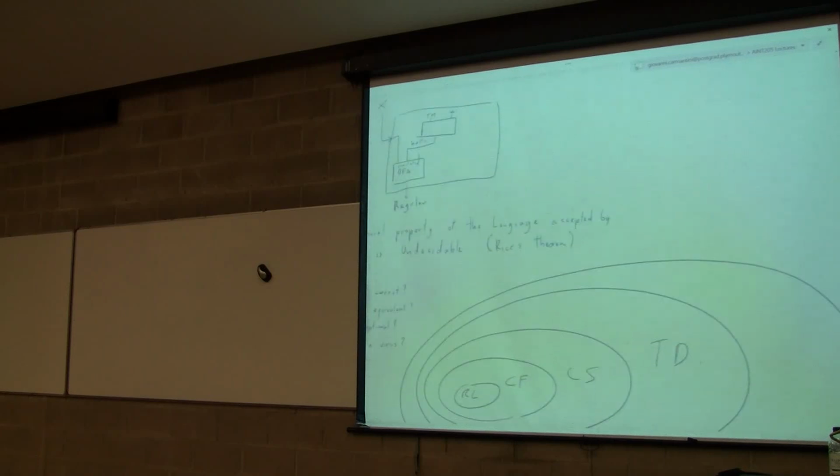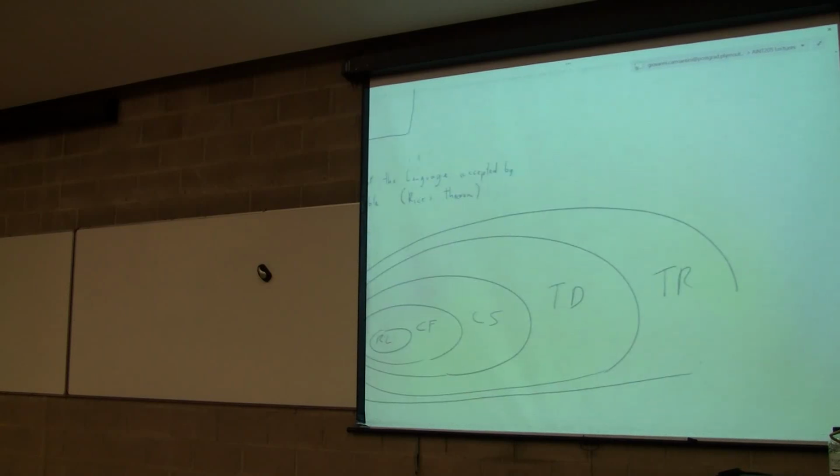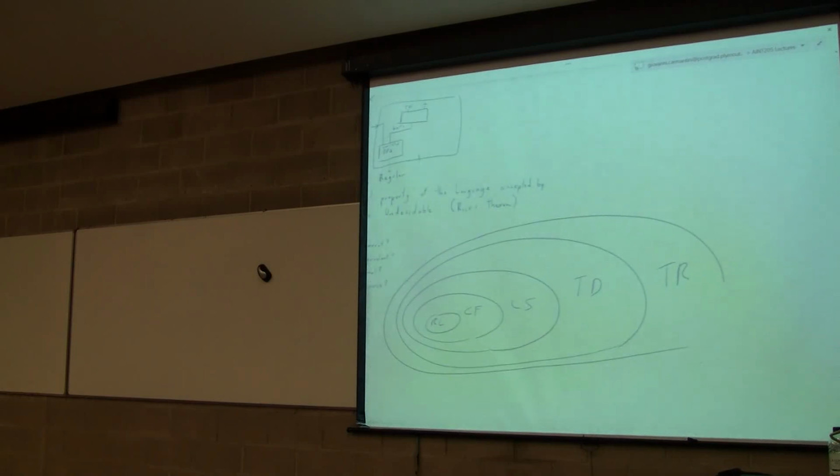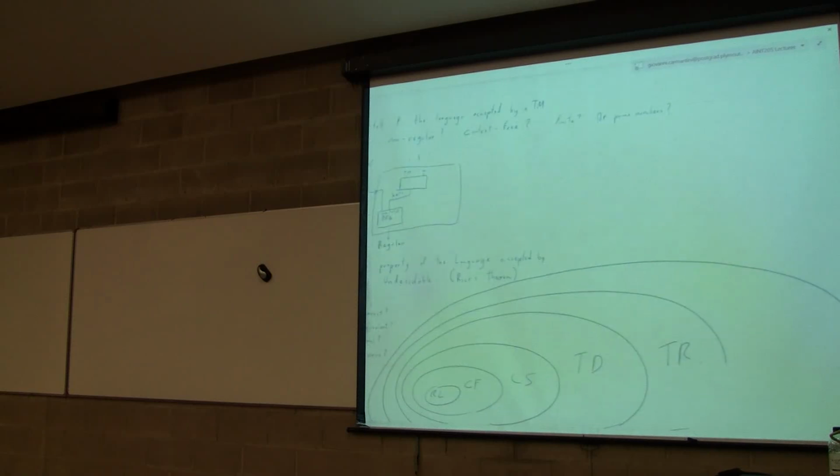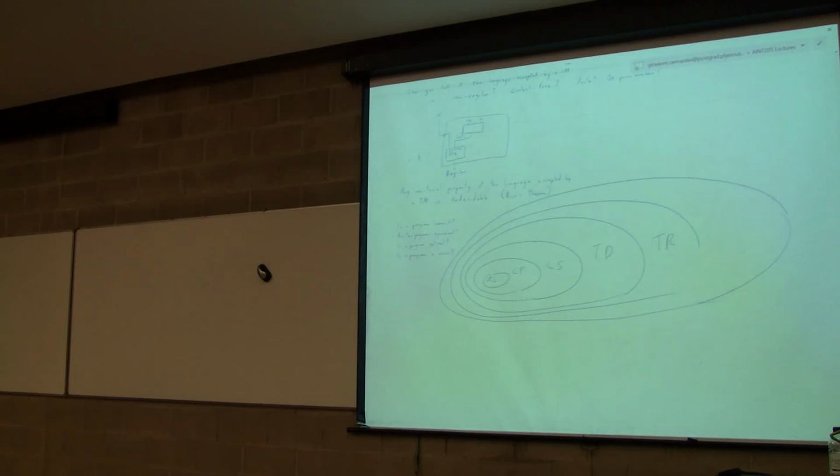Then you have Turing recognizable languages, which means if the string is in the language, accept. If it is not, either you reject or you loop forever, you don't know. So is there anything outside that? Can you go beyond?